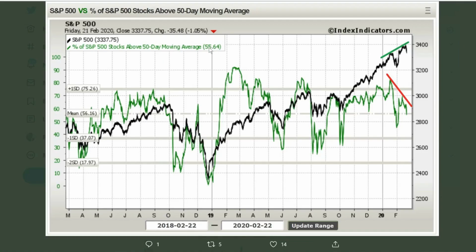At 55.6%, just over half of the S&P 500 are trading above their 50-day moving average. I'm not even sure if it is 500, I'll have to go and check.